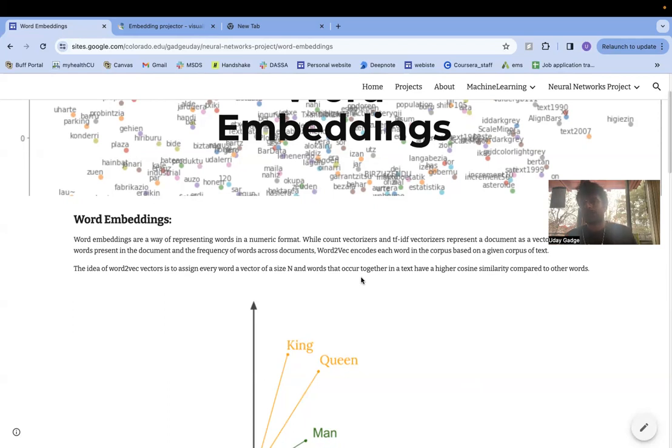However, word embeddings differ in that the documents are not encoded as a single array, but each word is encoded as a single array. And the document is essentially a stack of these arrays. So if each word is encoded by a 32-sized vector, and if a document has 10 words in it, then the document is represented as a 10 by 32 matrix rather than a vocabulary-sized vector.